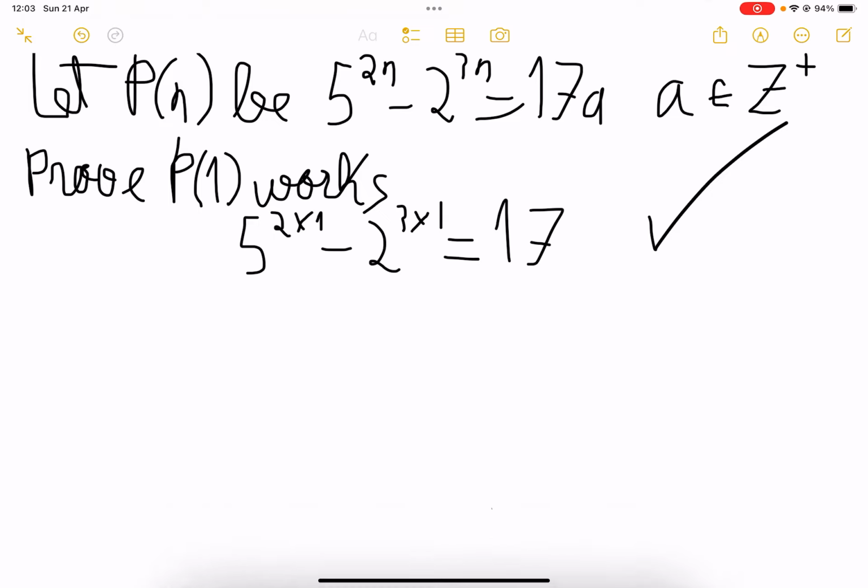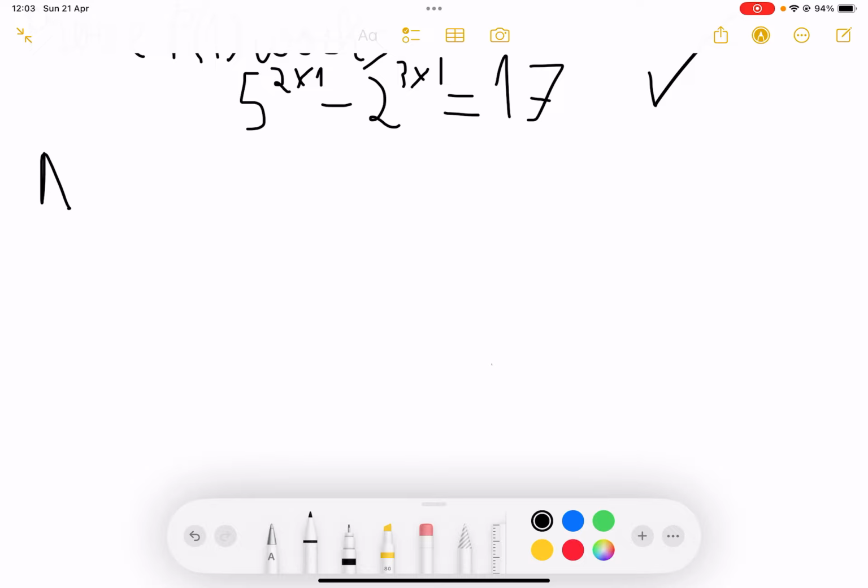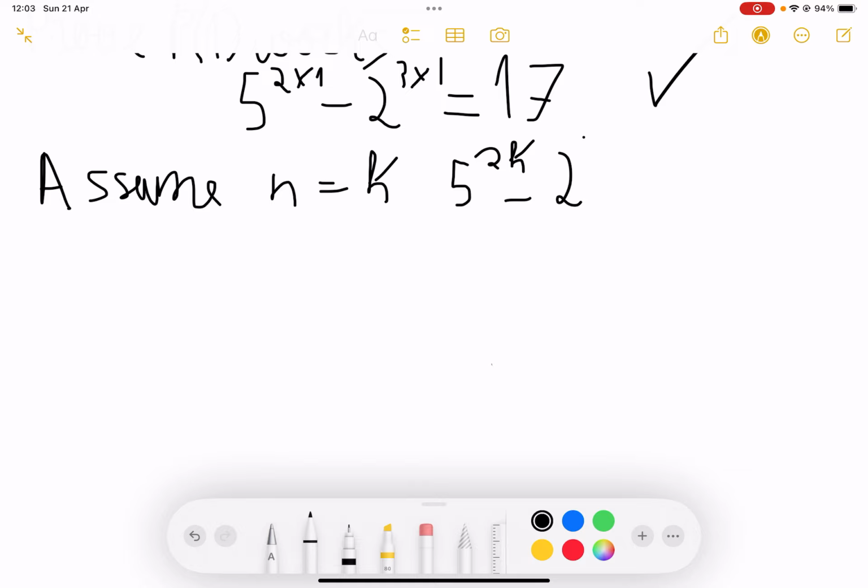Now, we will have to make the assumption that n is equal to k. Therefore, that leaves us with 5 to the power of 2k minus 2 to the power of 3k is equal to 17a.